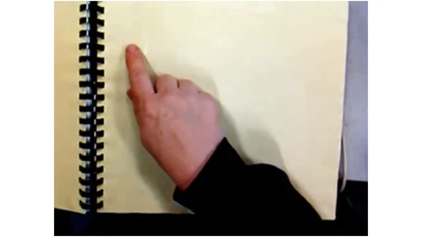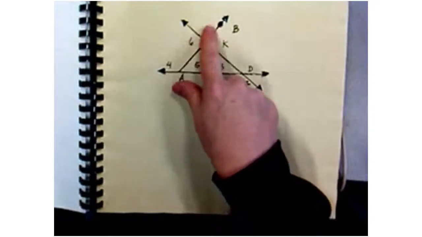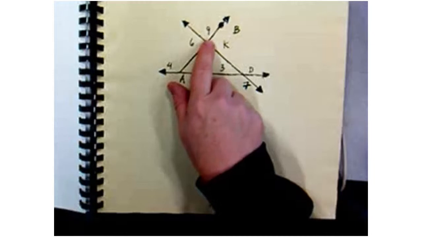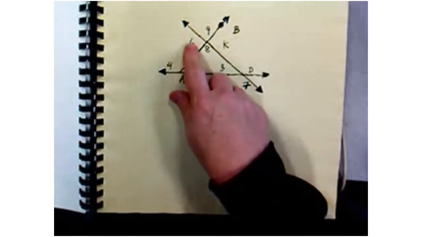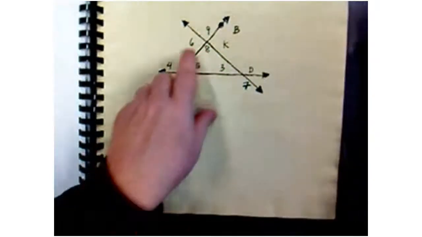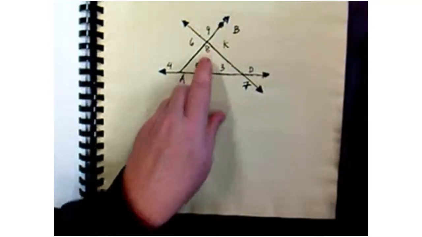Number 8 says in figure 1, the exterior angles at K are angle 6, 9, and BKD. So if we go back to our drawing, back a page, at K we have 6 and 9, and then BKD. Well, that's false, because we only can have 2 exterior angles at any interior angle, and it has to form a linear pair.